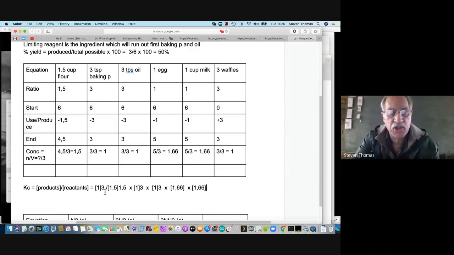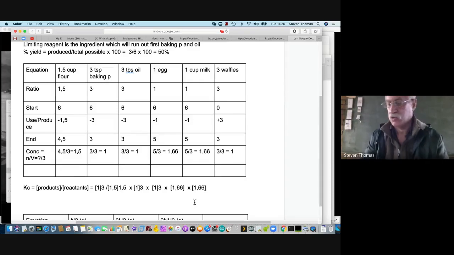So it's a formula that sort of gives you the ratio of products to reactants. In other words, how much waffles per ingredient did we produce? Shall we just try and work out what that comes to? Okay, so 1 raised to the power of 3 is 1, divided by, let's just see.